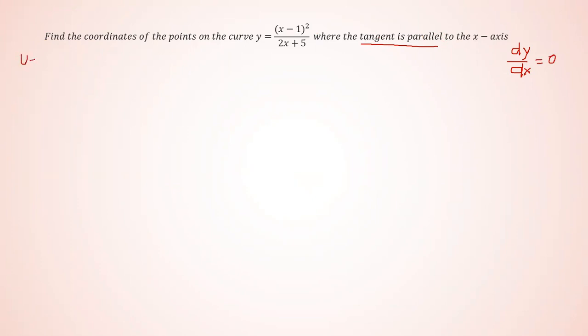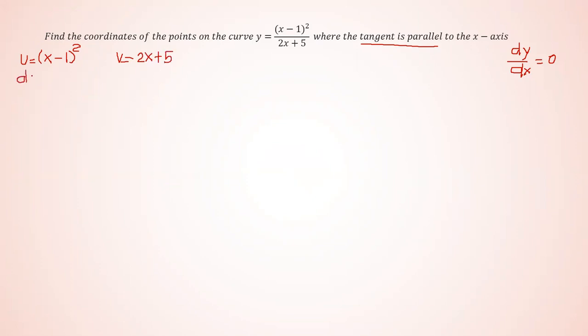Consider u equal (x minus 1) squared and v equal to x plus 5.